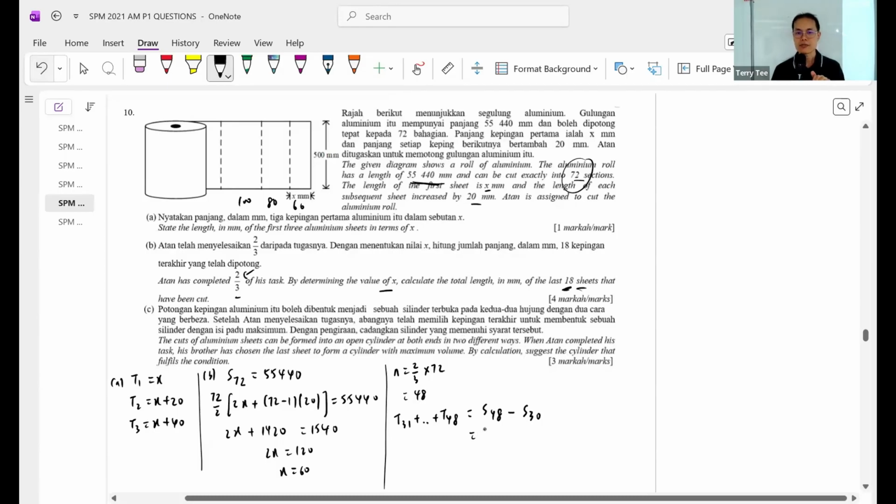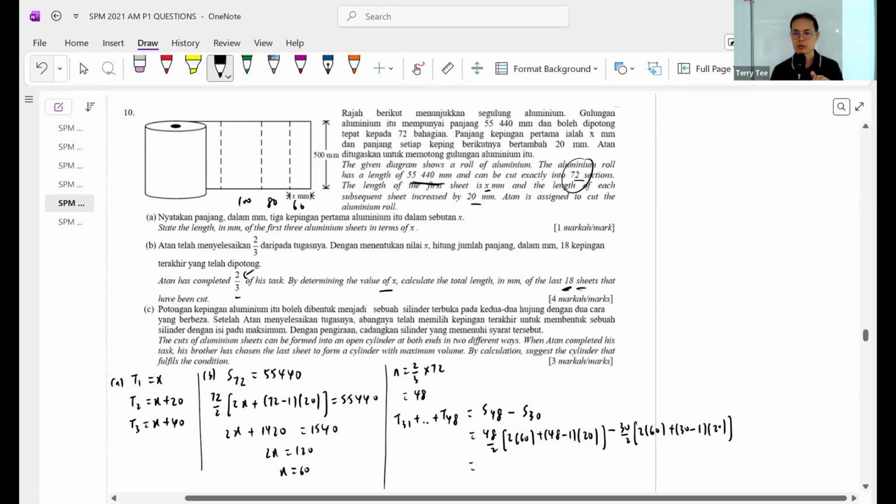So S48 is 48 over 2 bracket 2a. What's your a? Your a is 60, right? Plus n minus 1, 48 minus 1. What's your d? 20. What is S30? 30 over 2, 2a plus 30 minus 1, 29, d is 20.